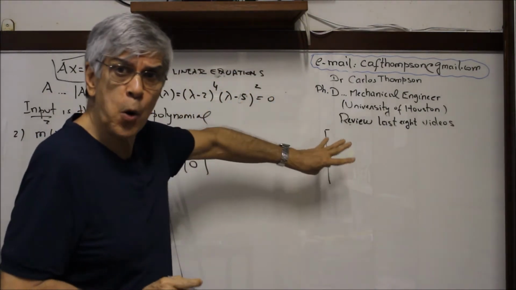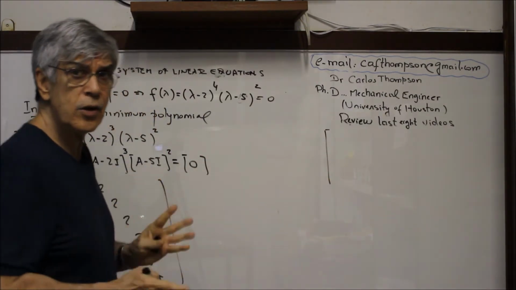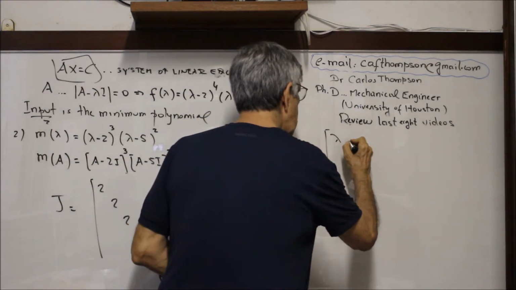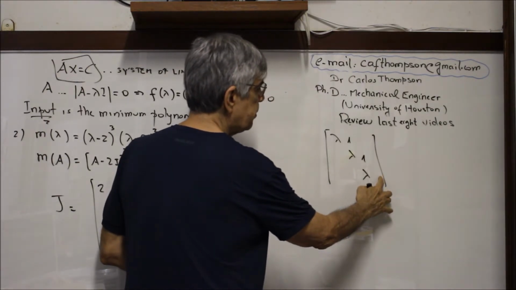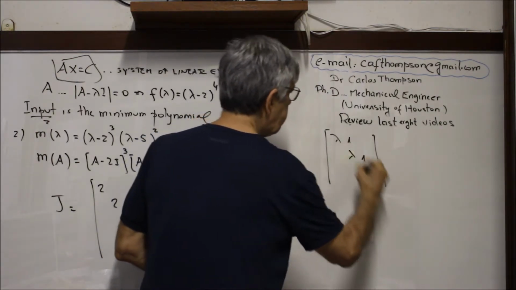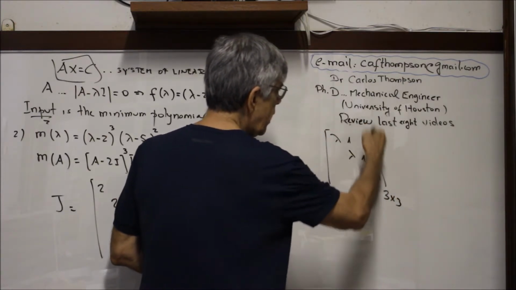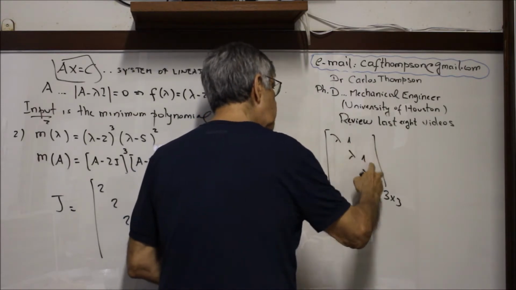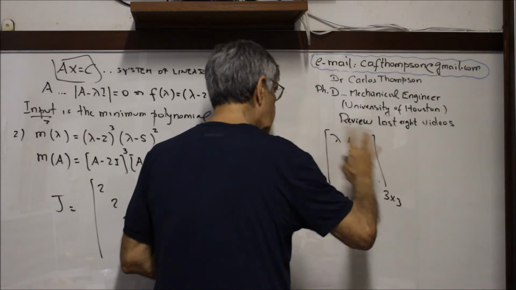They are very important for you to see what's going on with a minimum polynomial. Look, I have lambda, lambda, lambda, one here and one here. I cannot put one here, please, because suppose this is 3 by 3. If I put one here, I have 4 columns, so there is no one here.